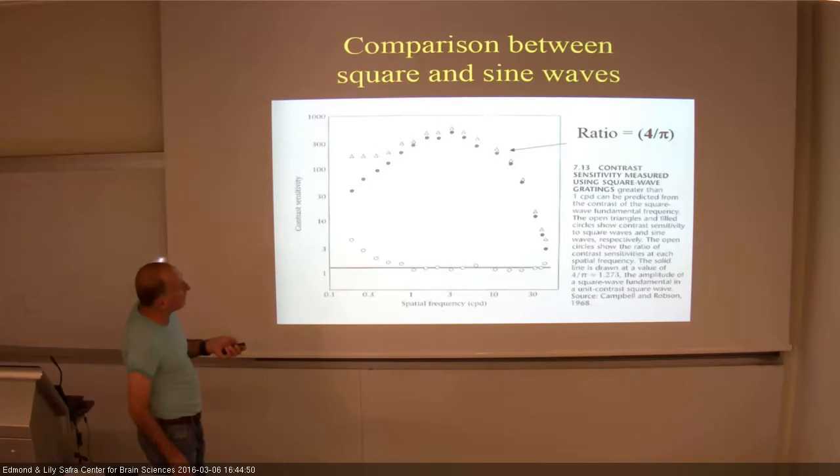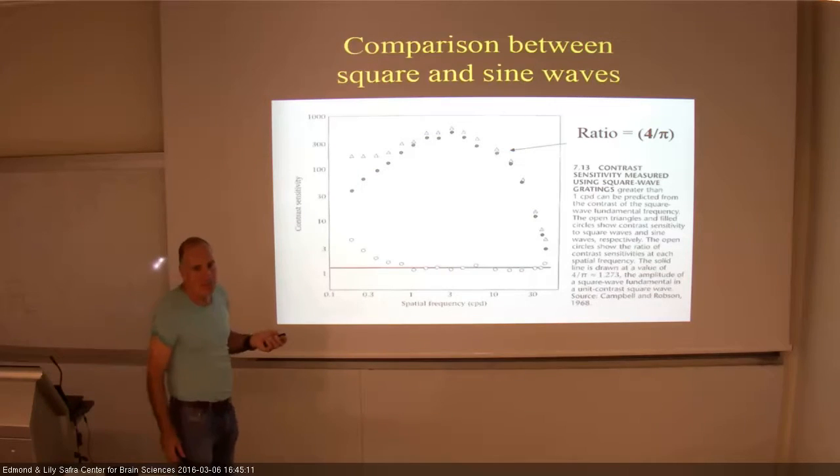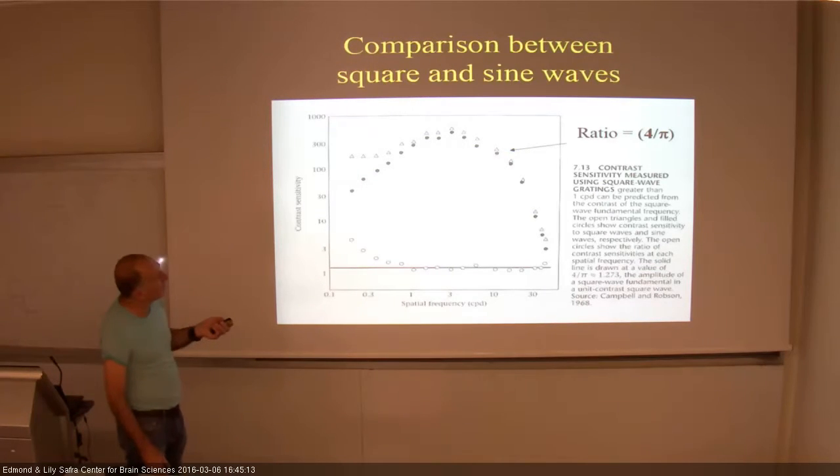You see here that the triangles, which correspond to the square waves, and the black circles, which correspond to the sine waves, well, the triangles are consistently better than the black circles, and the ratio between the two is 4 over pi.